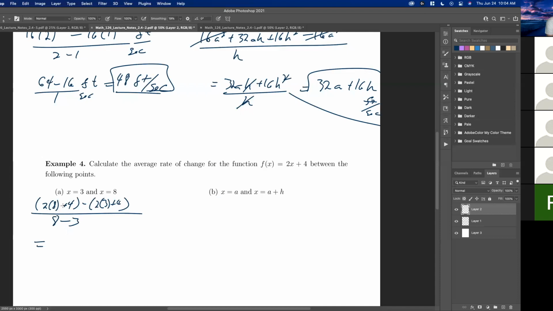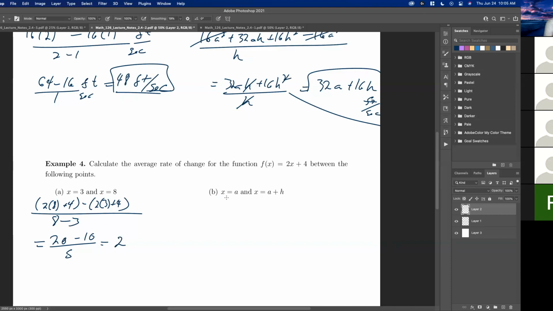So 2 times 8 is 16 plus 4 is 20. 2 times 3 is 6 plus 4 is 10. So 20 minus 10 all over 5, this is 10 over 5, so that's just 2.